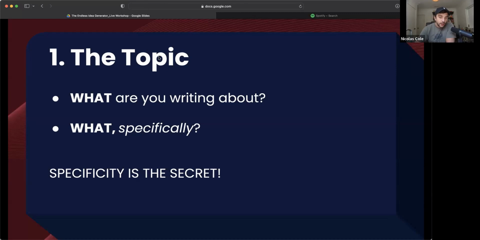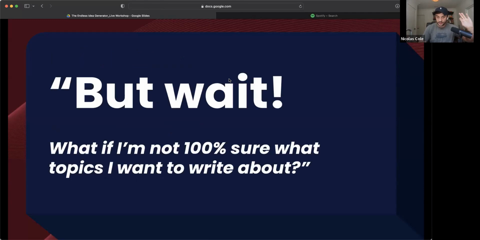That's right. So here's the key. Whenever you think to yourself, I want to write about X, that is version 1. And your goal is to add modifier words to get to version 2, version 3, version 4 that get more specific over time. Okay. Specificity is the secret.